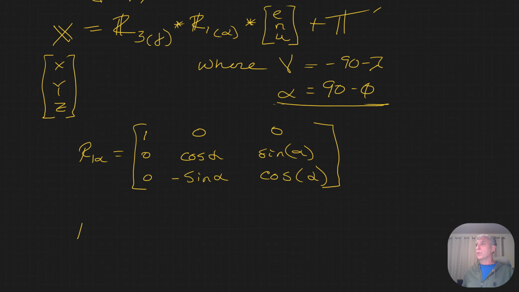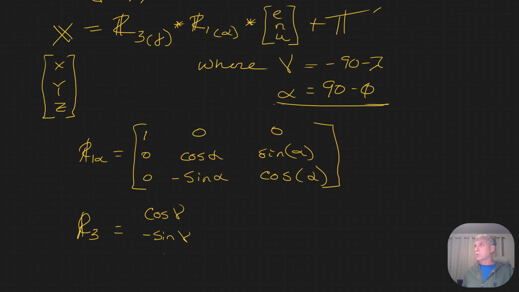And our R3, and these are matrices, is equal to the cosine of gamma and minus sine gamma. These should look really familiar.